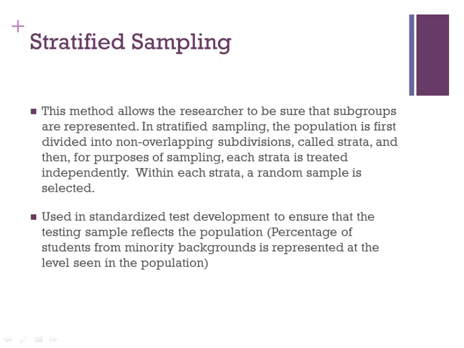Then if there are 20% in the population, then from the population of people who are African American, I would select 20% of my sample randomly. All right, so that way I know that just like the population has 20% African Americans, my sample is also going to be 20% African American. So that's a useful method if you want to make sure that specific groups within the population are represented in your sample.